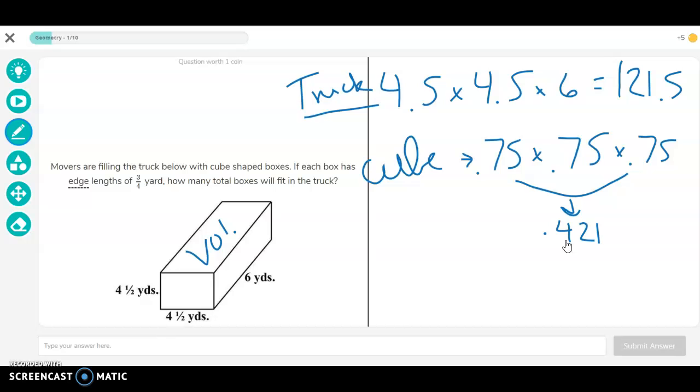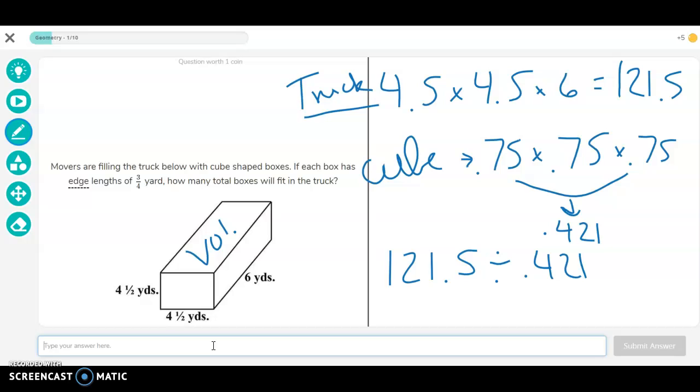So now that last third step is to take 121.5 divided by 0.421. When you do that in your calculator, you are going to get a pretty big number. You're going to get 288.598575.